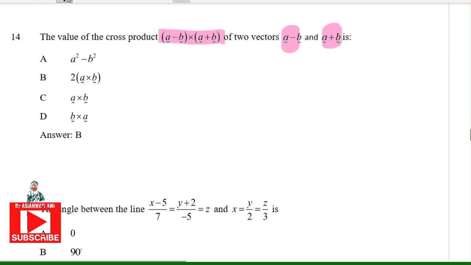Write down a minus vector b cross a plus b. Do this one first.